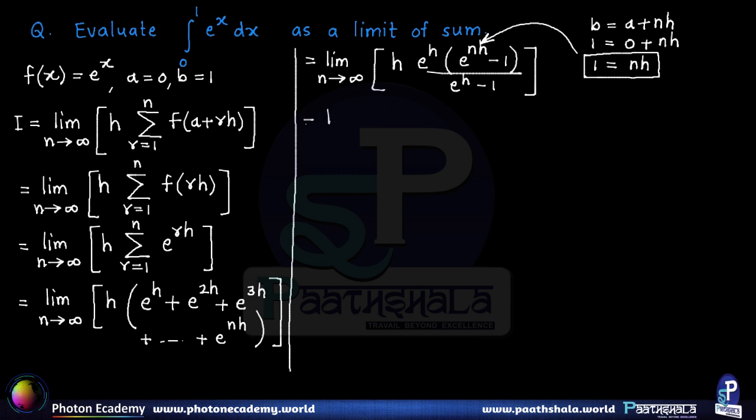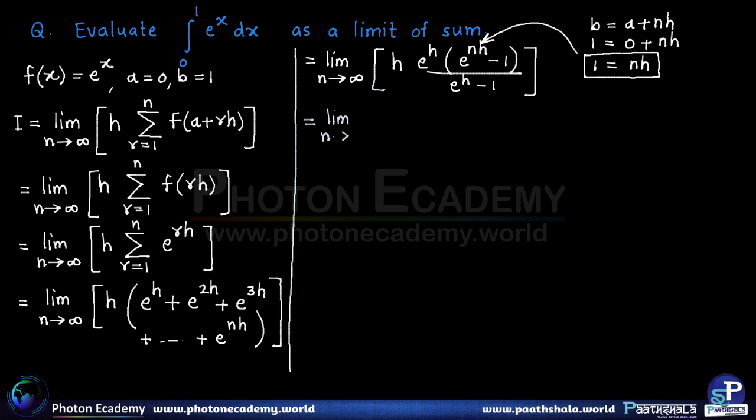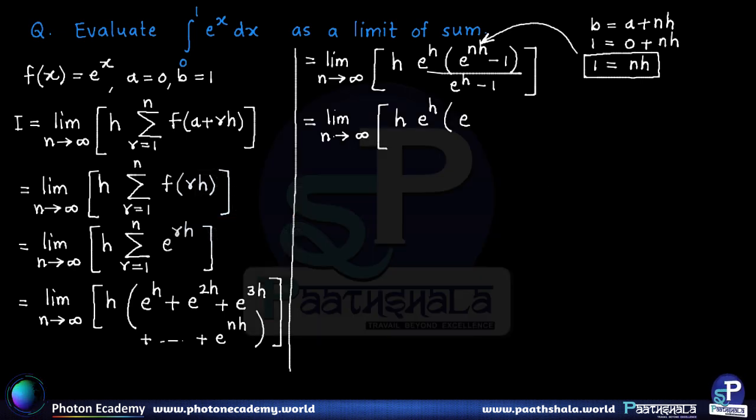So therefore moving ahead, we have limit n tends to infinity h e raised to h, here we will have nh is nothing but 1, so we have e raised to 1 minus 1 whole upon e raised to h minus 1, okay?